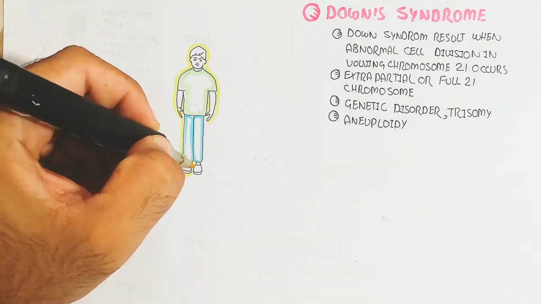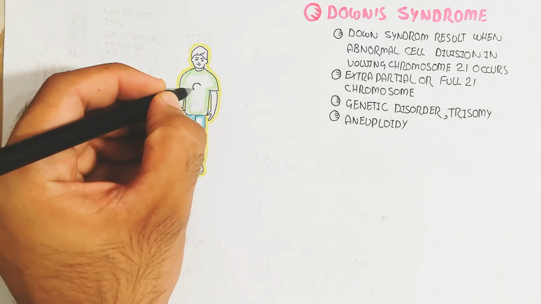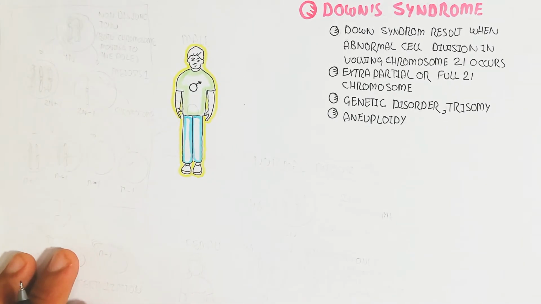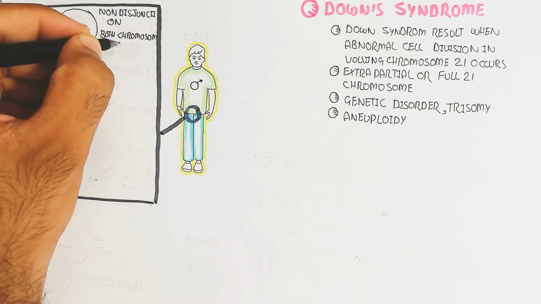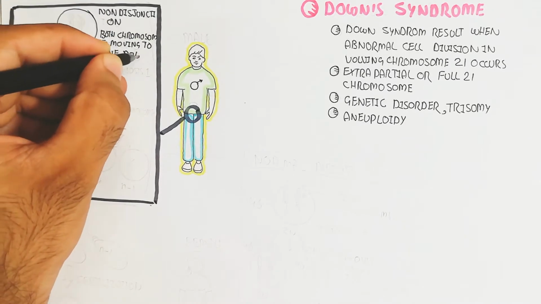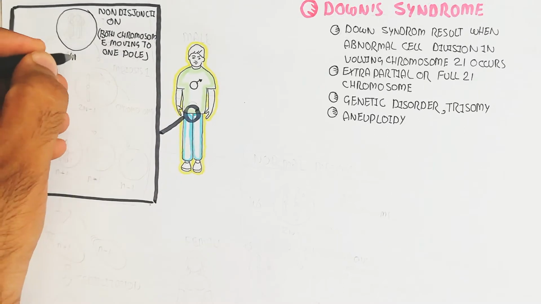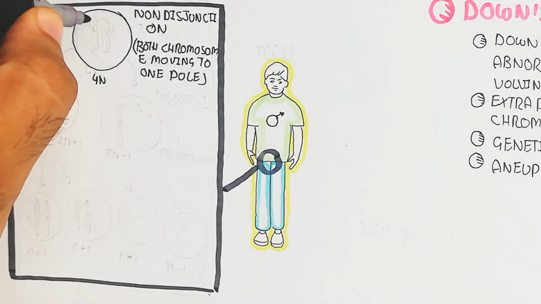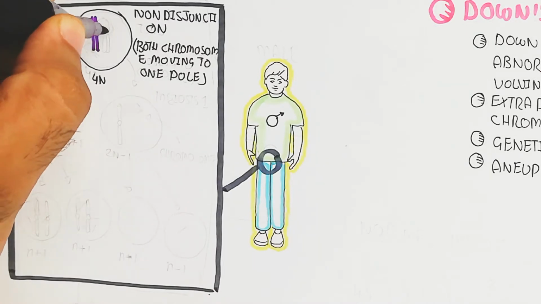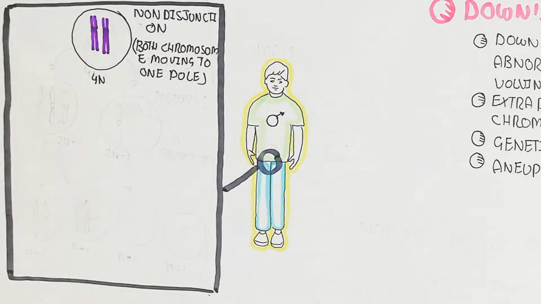Here is the male, the reproductive system produces the gamete via meiosis. So non-disjunction will occur. Non-disjunction in the spermatocyte, with both chromosomes moving to one pole during the separation during the telophase.